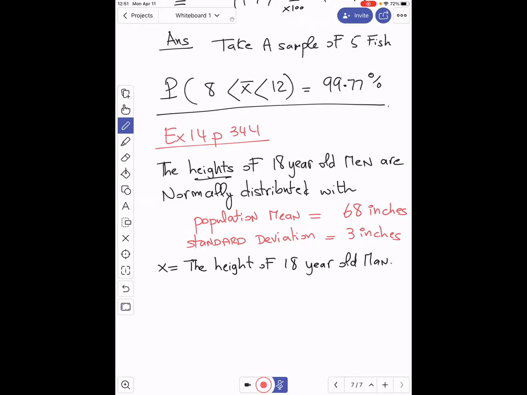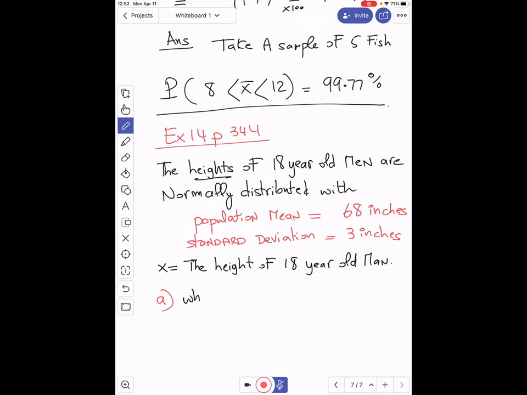Anyway, so we have two questions, A and B. In A, it says, what's the probability that an 18-year-old man selected at random is between 67 and 69 inches tall?